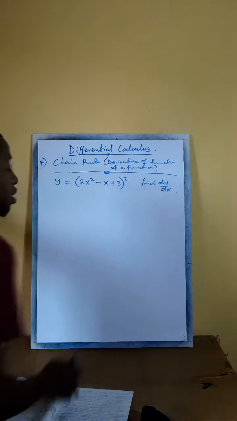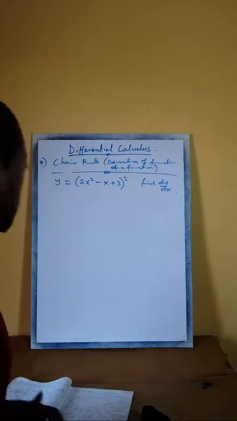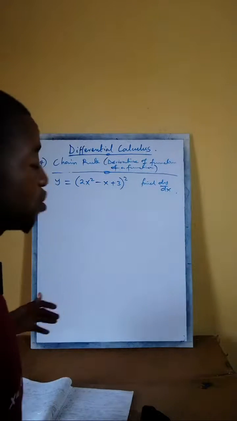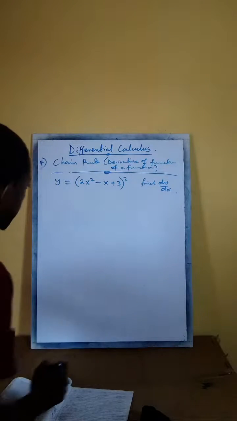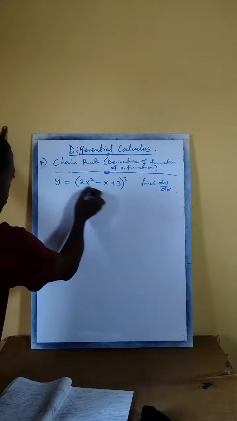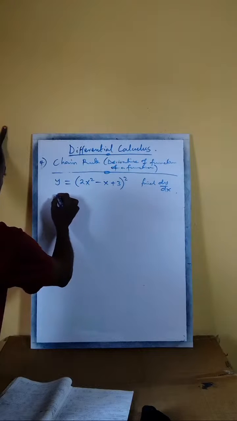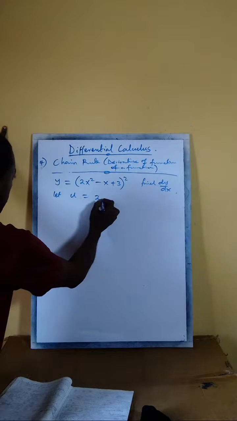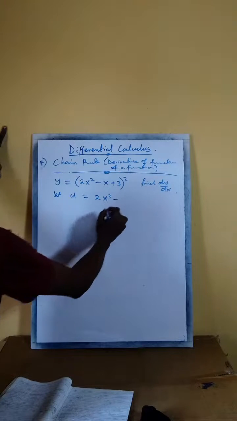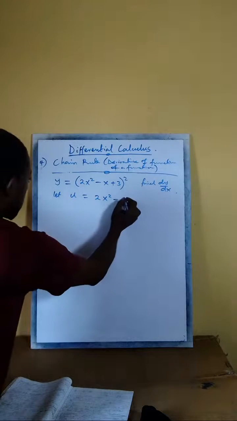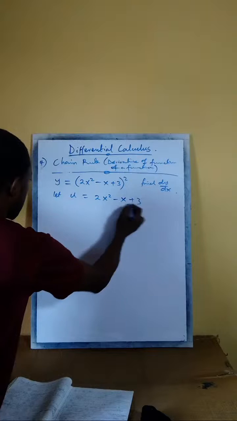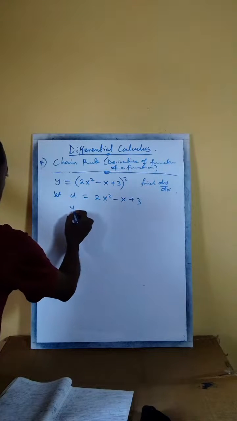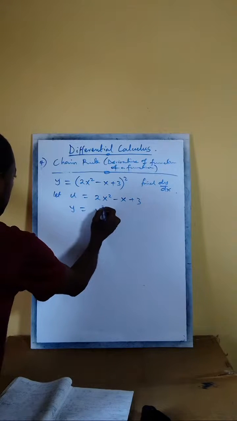Now here we can also differentiate using the chain rule, and we can replace what we have here with a letter. So let u be equal to 2x squared minus x plus 3, which implies that y will now be u squared.